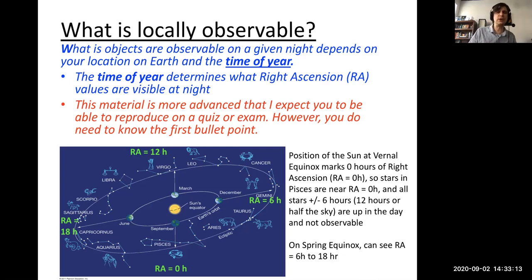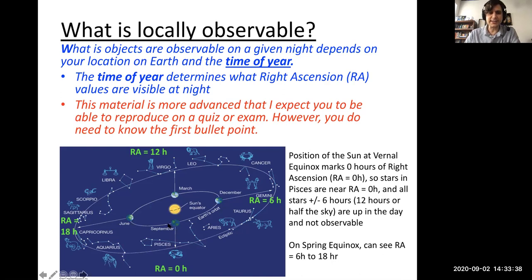I don't expect you to reproduce that, but you should know that the time of year determines what right ascensions are visible at night. So we define right ascension 0 as where the sun would be at the vernal equinox. In March the sun would look like it's right here in Pisces. So that would be our right ascension 0.